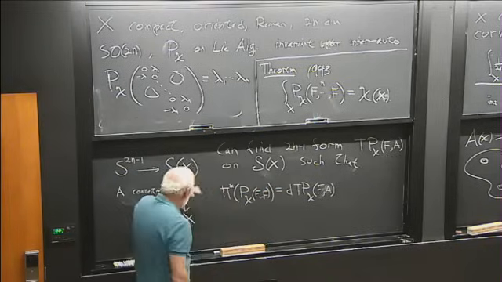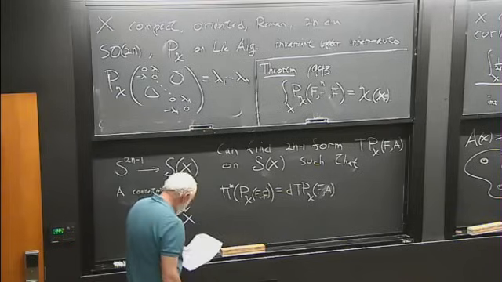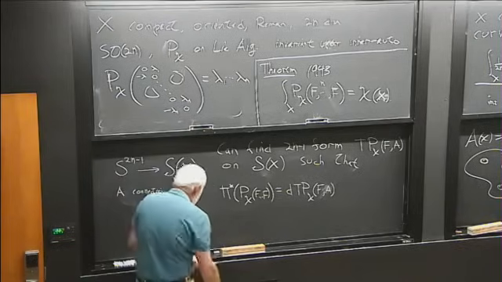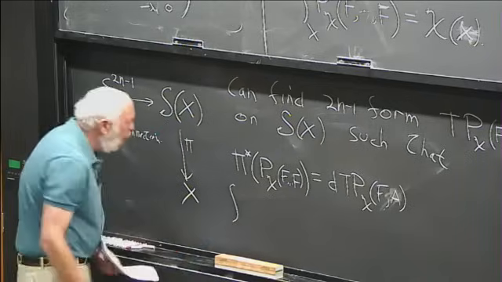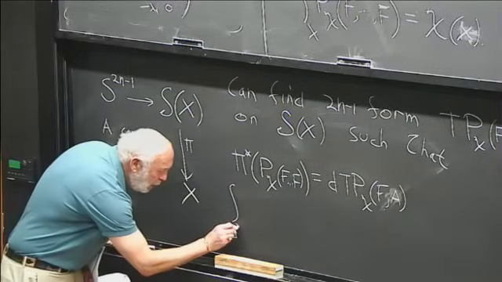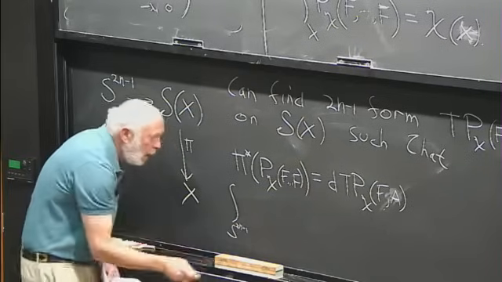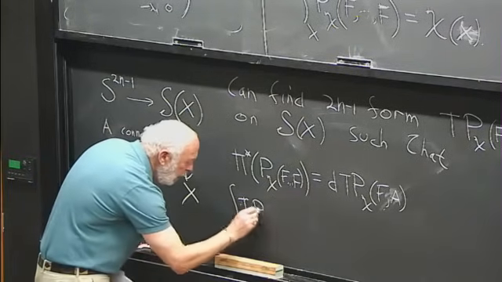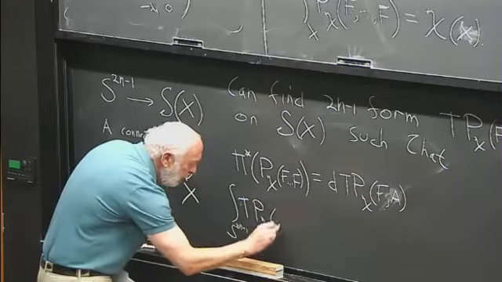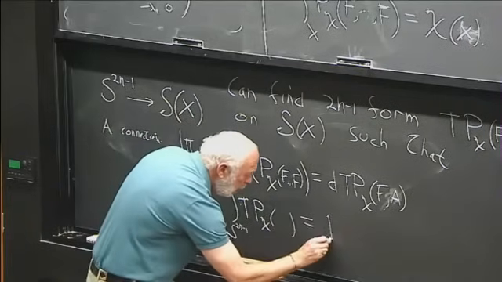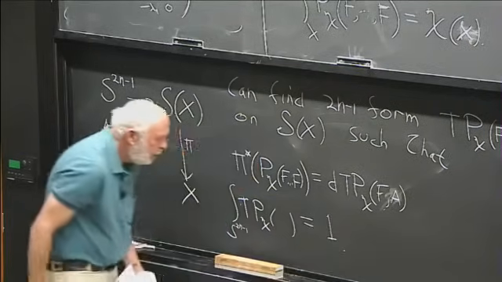And not only that, a very convenient fact is that the integral over the fiber itself, S2n-1, of T P sub chi equals 1. Okay?